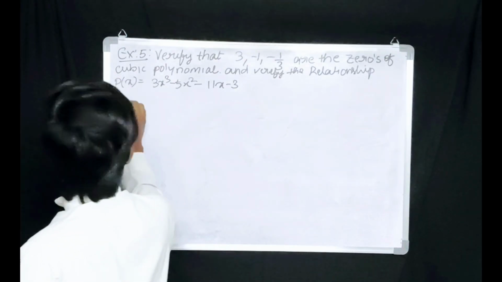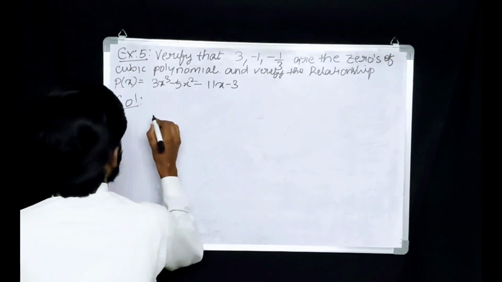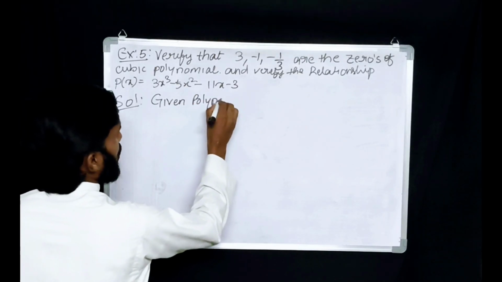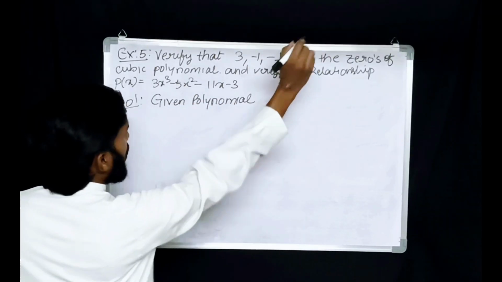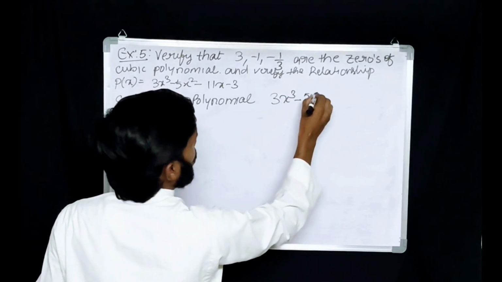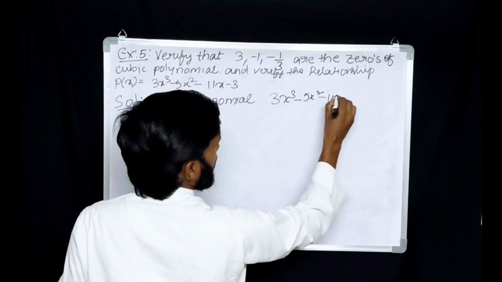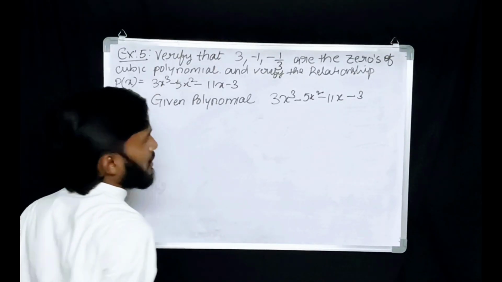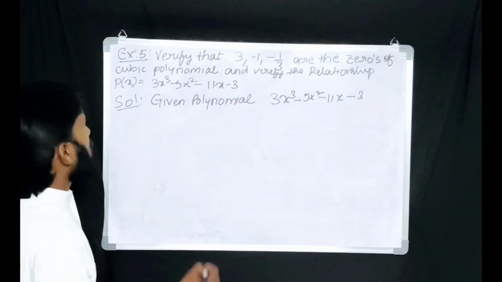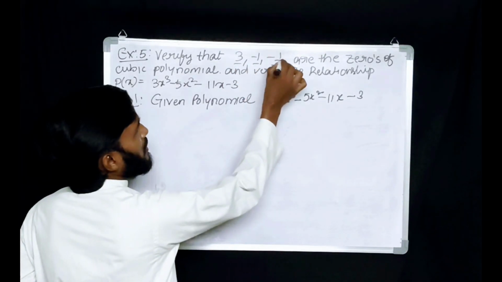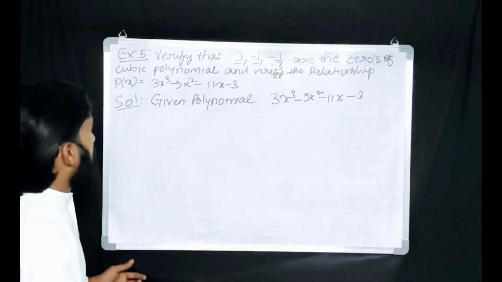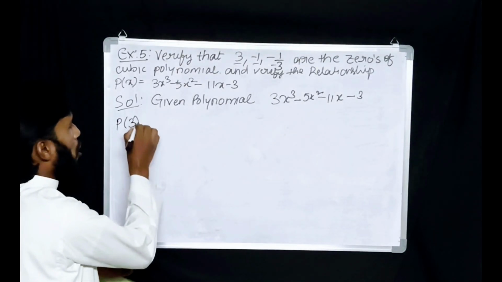So write the solution and write the given polynomial: 3x cube minus 5x square minus 11x minus 3. Now we have to substitute these zeros one after one in the variable x. Start with p of 3.